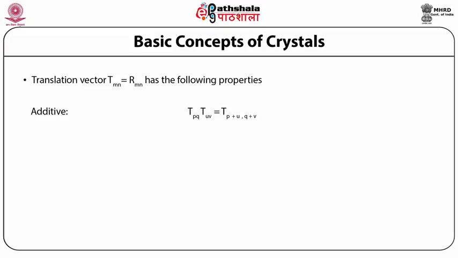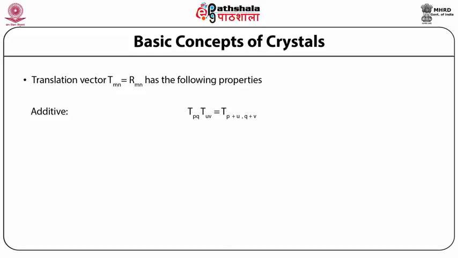This says that if you translate on a lattice by integers u and v, and then you further translate with integers p and q, this will be equal to as if you already add the subscripts, p plus u and q plus v. So on the left hand side you have performed two separate translations, and on the right this is one translation. So these translations are equivalent. That is called additive law.